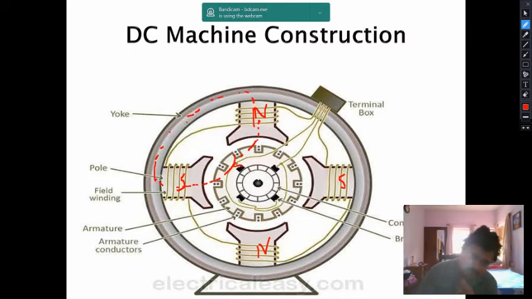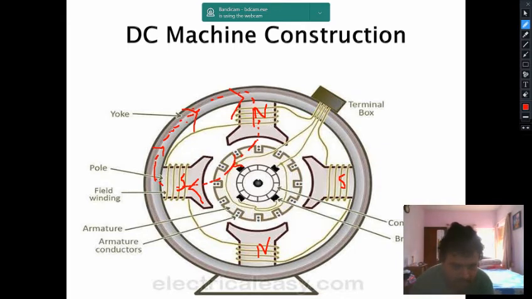So the path will be as shown by the direction of the arrow. This is how magnetic lines of force will maintain their continuity through pole A and pole B.